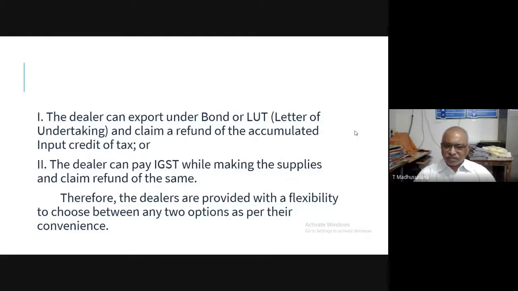According to his convenience, the exporter can claim a refund of the tax. In the first option, he need not pay tax, but he can claim input tax credit. But in the second option, you pay IGST and then claim a refund of the IGST.